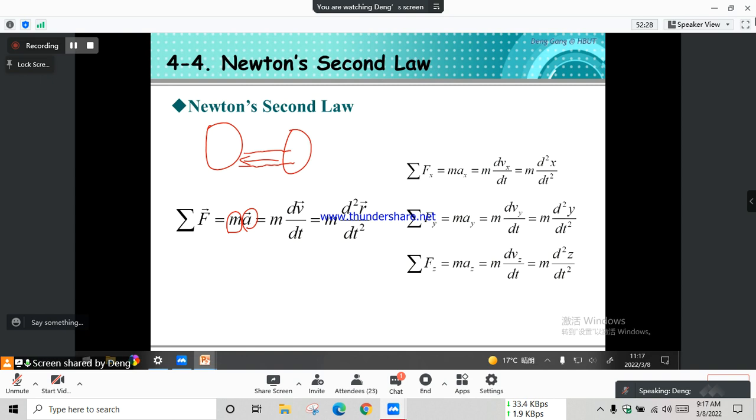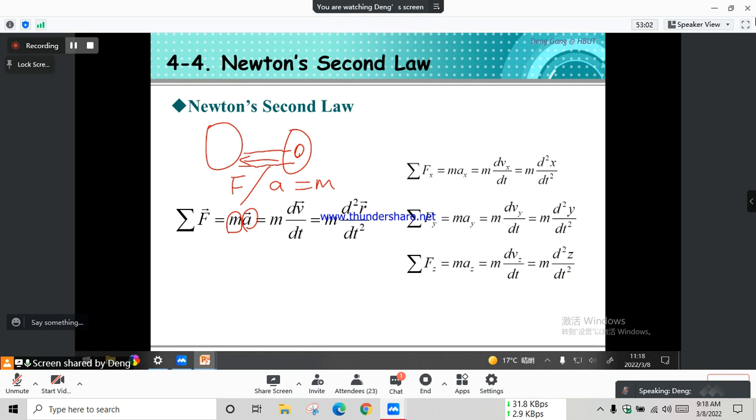Actually, this device can apply a constant force through this part on the astronaut, and we measure the acceleration of the astronaut. We know this constant force, and we measure the acceleration, and this can help us to calculate the mass. So that's how we measure the mass of the astronaut in space.